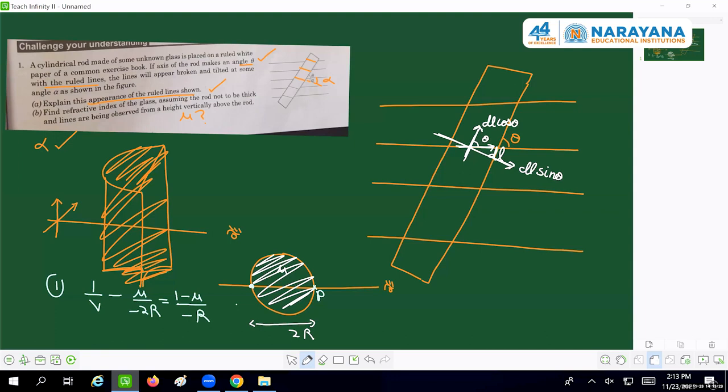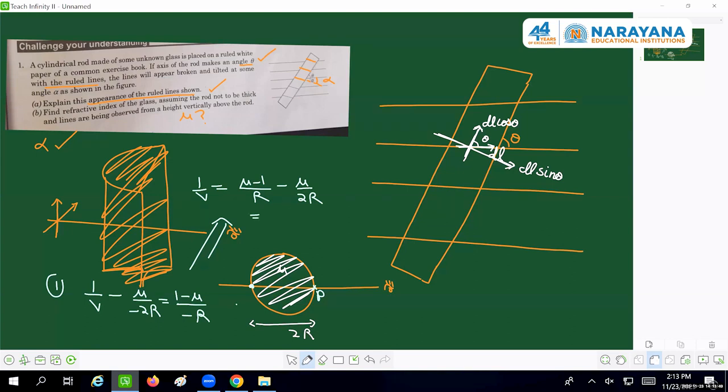Right, that r term will come out as minus r. So let me find out the v location for this object just below the cylinder. It comes out as 1 upon v equals mu minus 1 upon r minus mu upon twice of r.